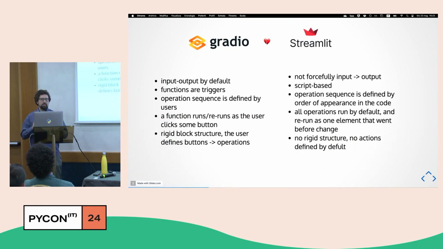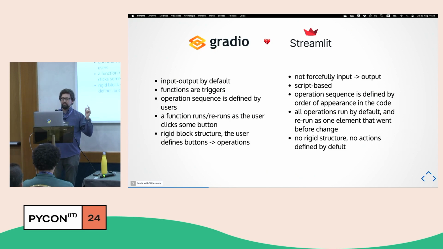There are some differences. Well, Gradio introduces itself as machine learning stuff, so it's input and output by default. The default and simplest use of it is you have a box for the input and a box for the outputs, while Streamlit is not so. Functions are the triggers for Gradio, while Streamlit is script-based.